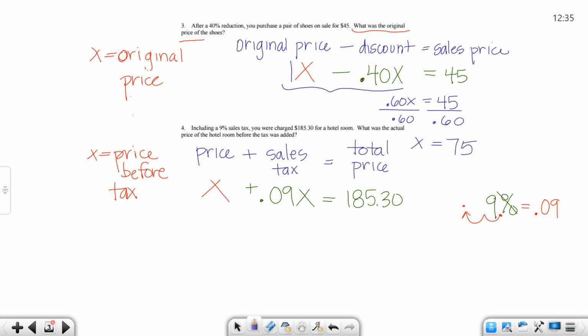Just like in our other examples, we have to put the X's together. There's an understood 1 in front of the X. Using your calculator, your mind, however you want to do it, you put these X's together. So you would say 1 plus 0.09, and you get 1.09x.